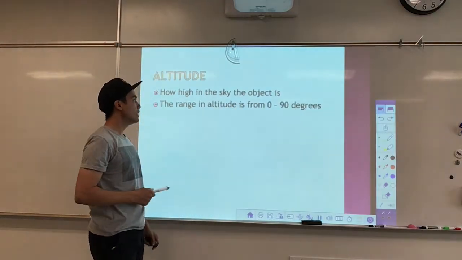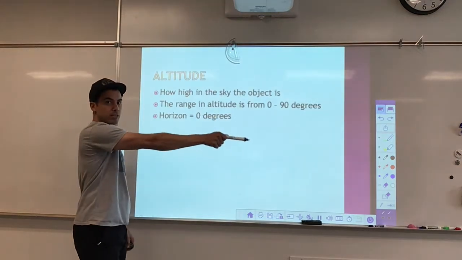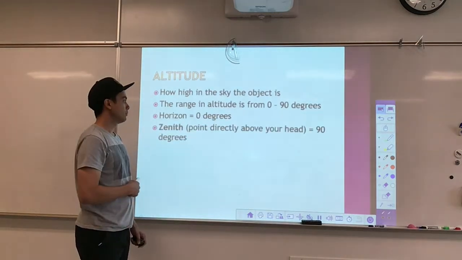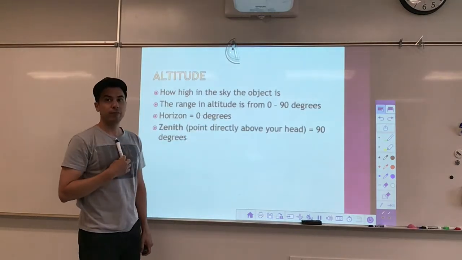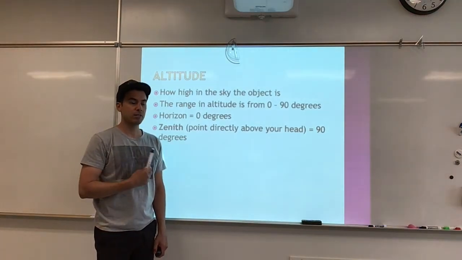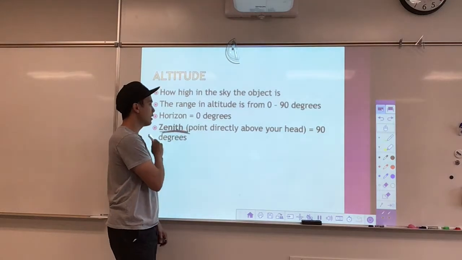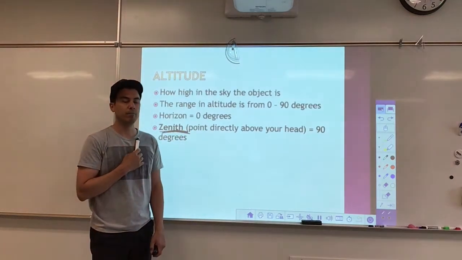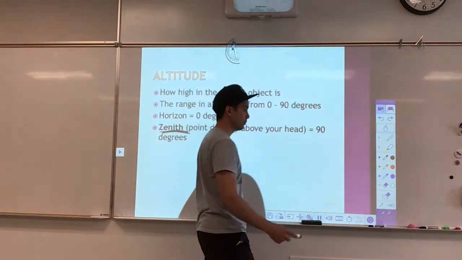So it's between 0 and 90 degrees, the horizon is 0, and if there is an object that is 90 degrees right above you, that has a special name called the zenith, the point directly above your head.